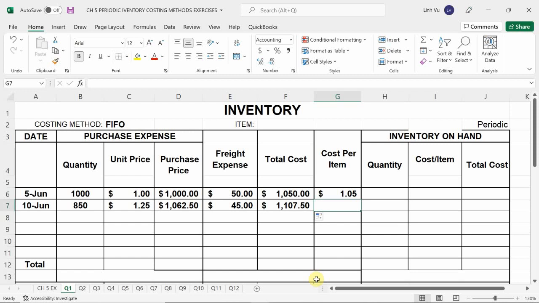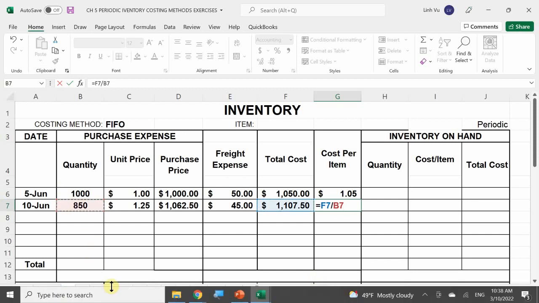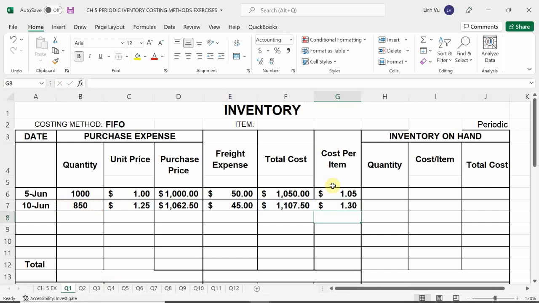So in this case, if I take 11,750 and divide it amongst 850 units, how much is it going to cost me per item that I sell? $1.30.